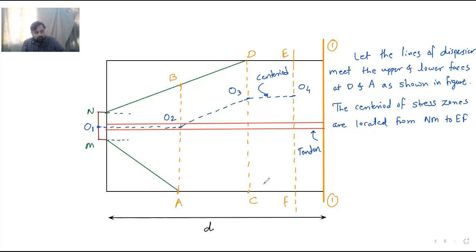Okay. So for the section XX, now I will consider one more section over here. Okay, after O2, and that is section XX. So that section I will draw it.